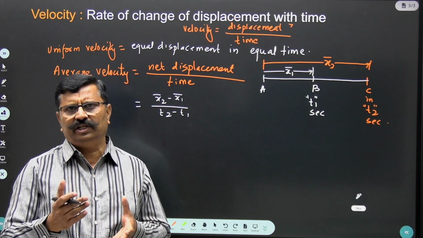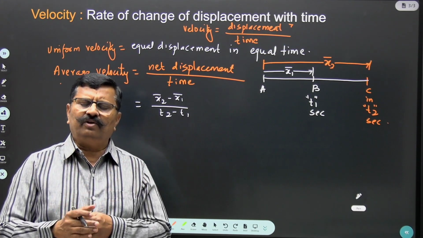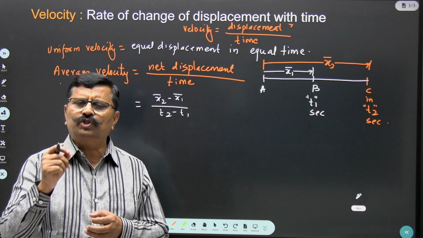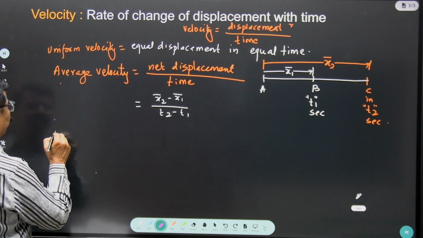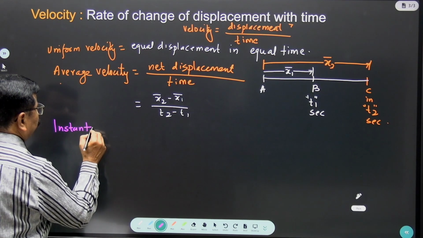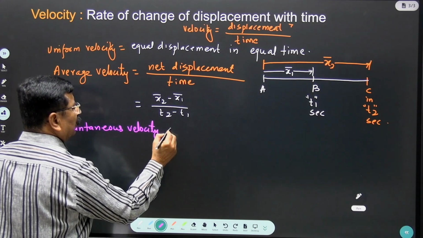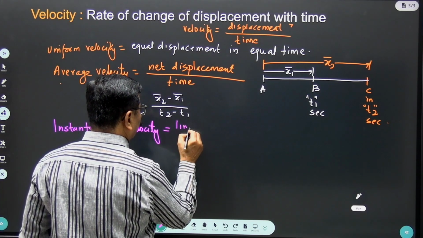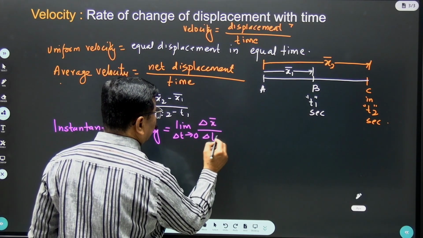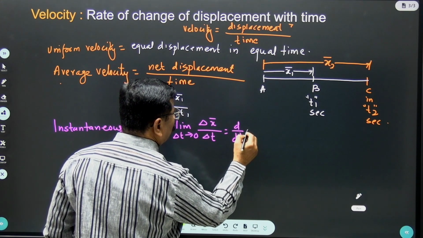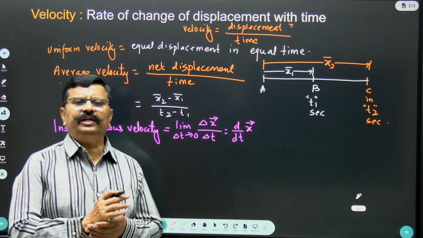The instantaneous velocity is the velocity of a body at a given instant, for a very small time interval, and this is equal to limit delta t tends to 0, delta x upon delta t, or d/dt of vector x. So this x is the displacement vector. So this gives the instantaneous velocity.